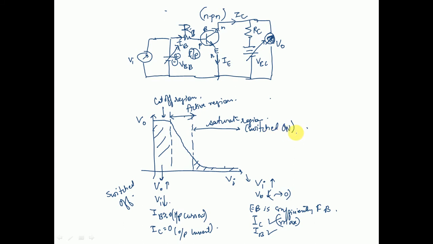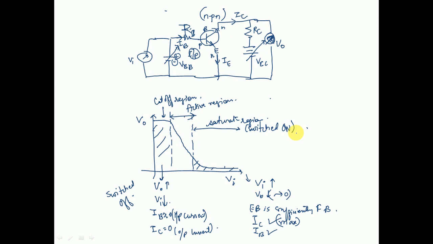Basically Vi has to be high enough to drive the transistor into the saturation state, and at that point V naught is going to become low, nearly zero. In the saturation state IC is maximum, so the transistor is conducting and is in the switched on state.